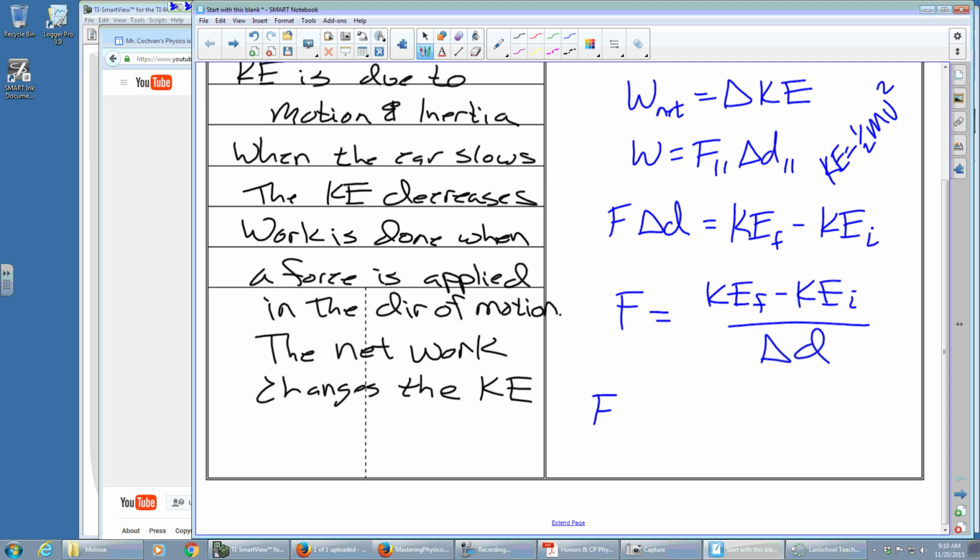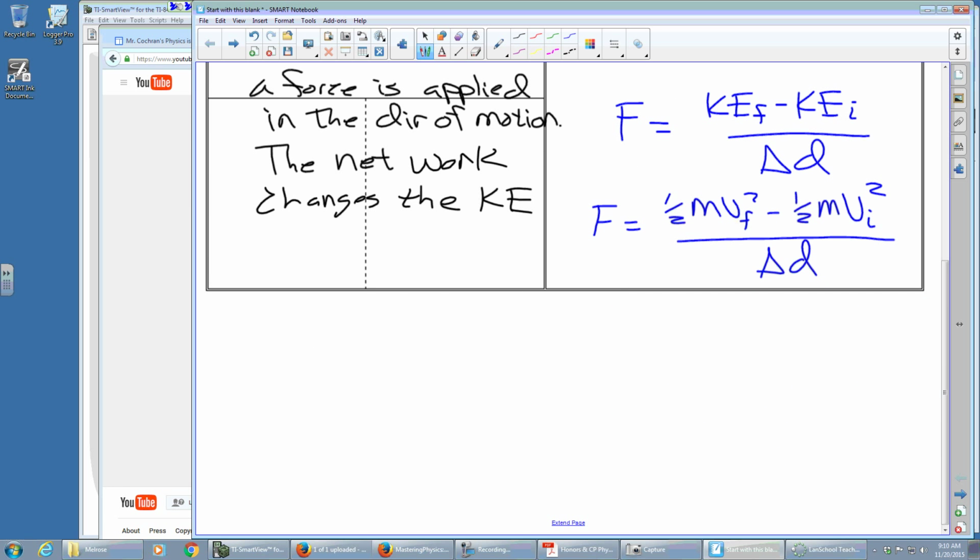And then I have 1/2 m v final squared minus 1/2 m v initial squared, over delta d. Should we just throw in numbers or should we simplify it? Or can you guys take it from there? Throw in numbers at this point?